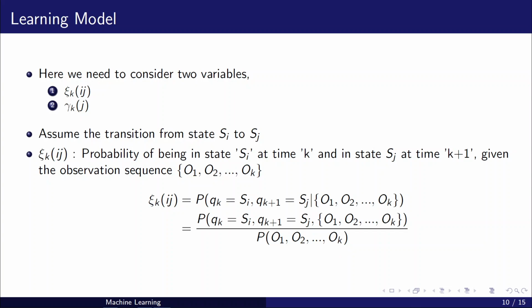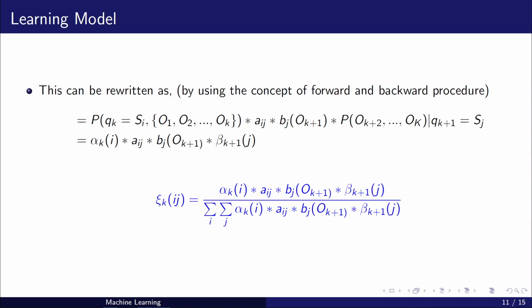Now let's use our forward algorithm here. Let's say at time k you are at Si and you do a transition Aij. So Aij means at time k plus 1 you have reached the jth state.